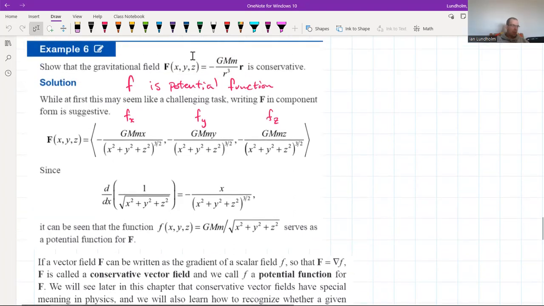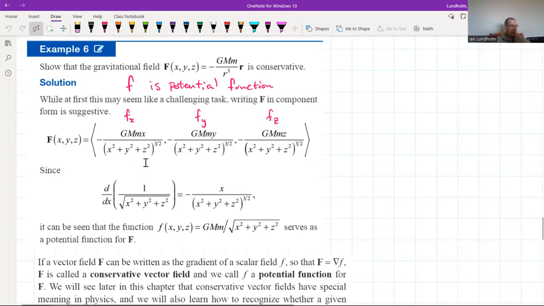And what we'd be looking for is a potential function f that would have as a partial derivative with respect to x this, partial derivative with respect to y this, partial derivative with respect to z this. And so what this would look like is taking antiderivatives.